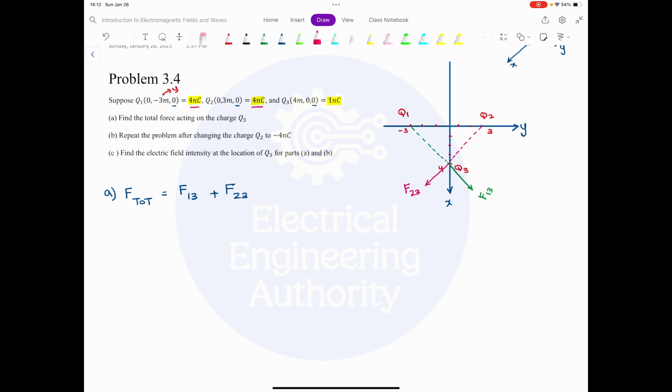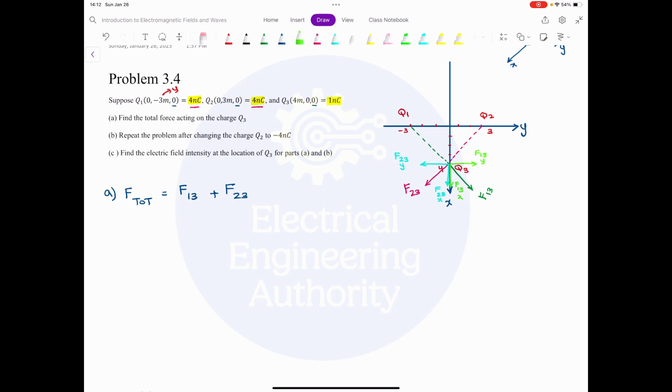Now, let's look at something that we haven't seen before. So I'm going to draw this with another color. Force F23. Do you agree that this force consists of these two components? This one is F23 in the X direction. This is F23 in the Y direction. Same thing is true for F13. So F13 is F13 in the X direction and F13 in the Y direction, right?